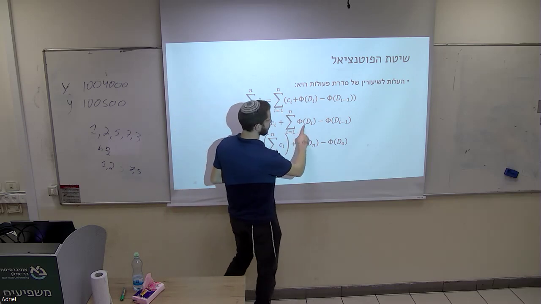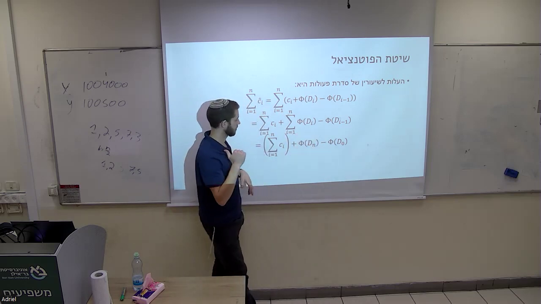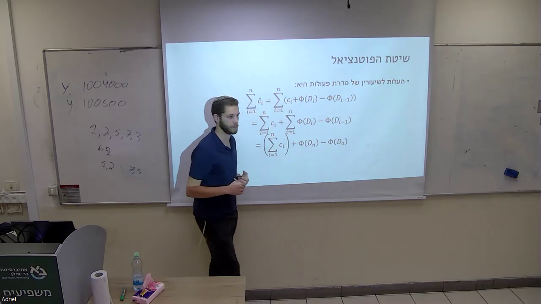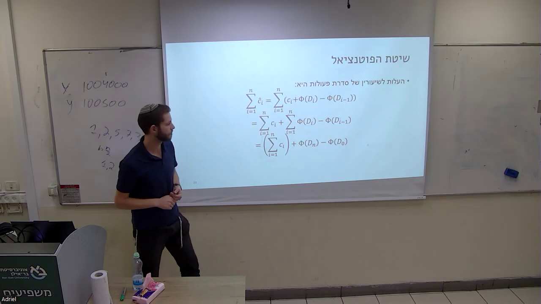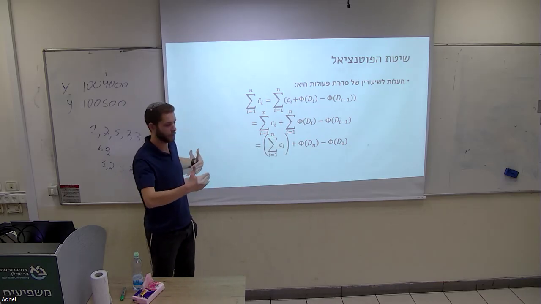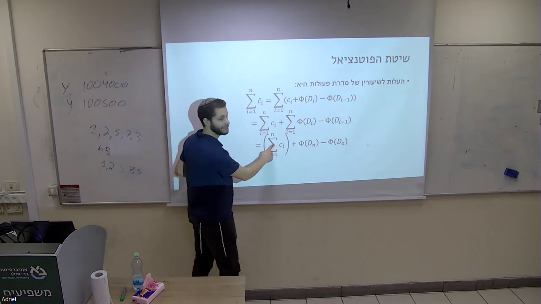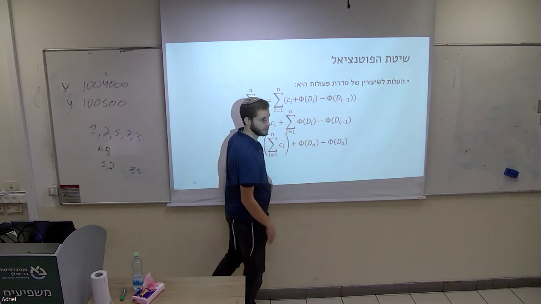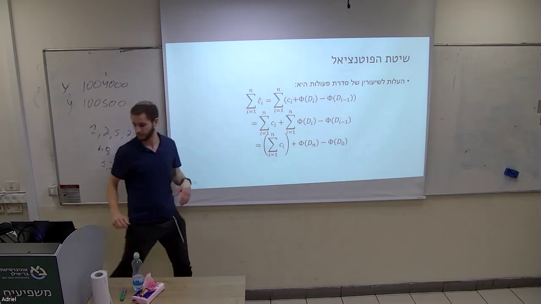Because for every one, we subtract the previous one. So therefore, it'll equal the last element minus the first element. Okay, that's all that it's saying here. So for a series of operations, you take the actual price of all those operations plus the potential at the end minus the potential in the beginning.